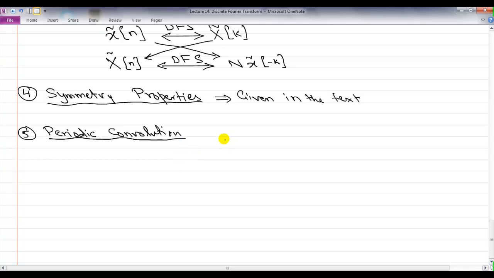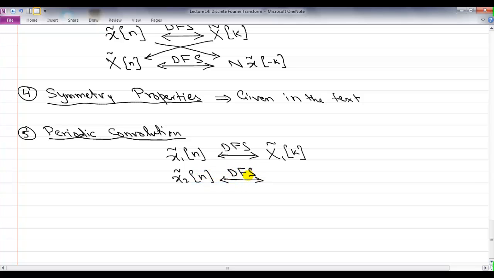So the assumption is that we have two sequences, x1 tilde n, with Fourier series coefficients x1 tilde k, and x2 tilde n with discrete Fourier series x2 tilde k, and both have the same period N. Then we define periodic convolution between these two periodic signals, which is defined just like the convolution, with the difference being that we take the summation only over one period.